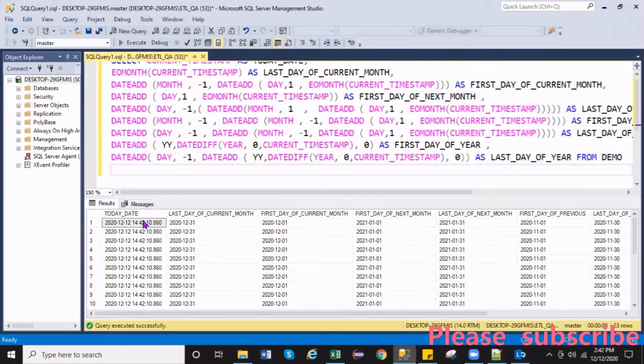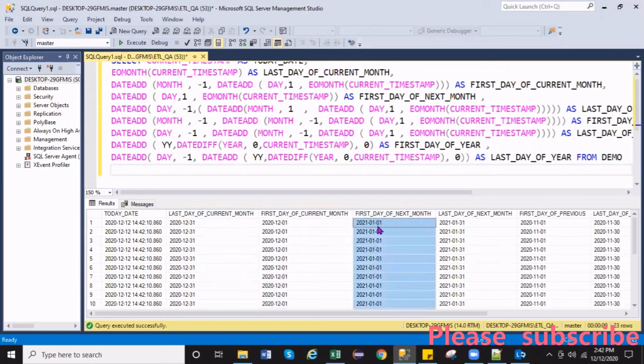Very good. See here. Let's go line by line. Today is the current date. Today is December 12th. What is the last day of the current month? December 31st, right? First day of current month, December 1st, right?